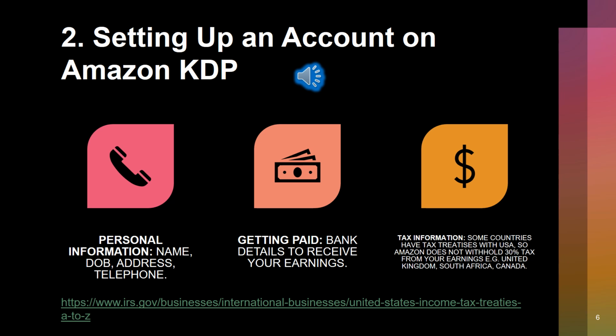It's a very popular method used by digital nomads and freelancers and Amazon KDP publishers. All right, so let's move to the next slide and you can see the options available for that.